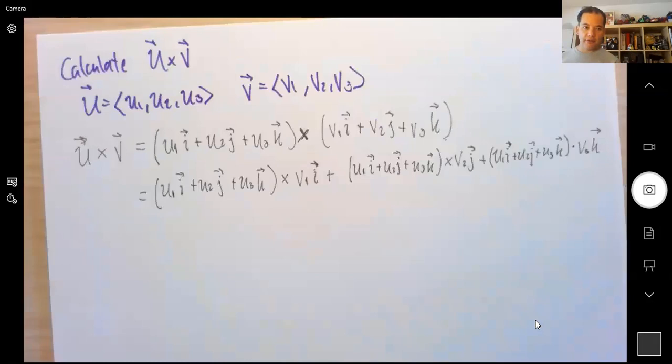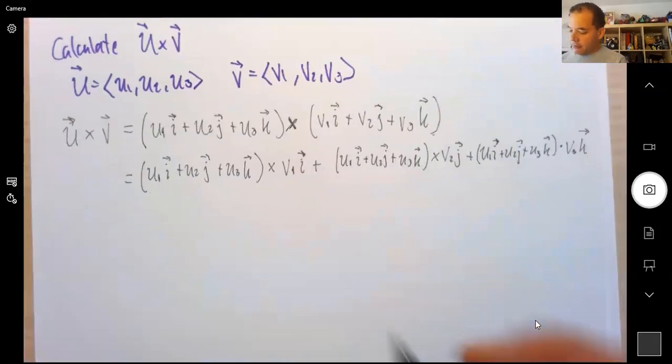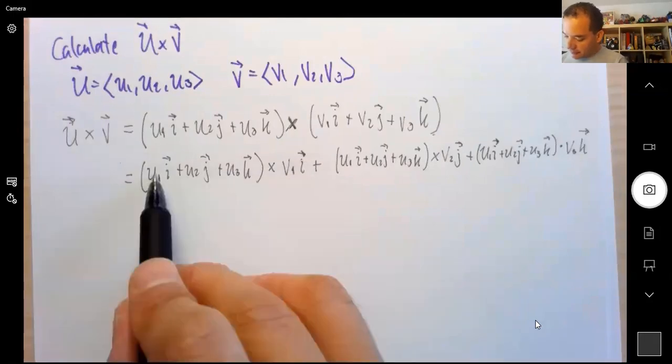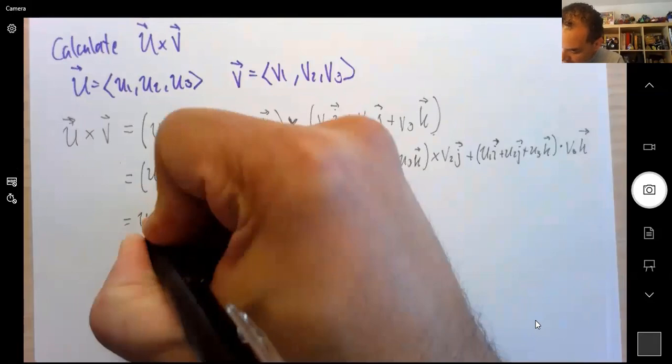See, good. Okay, so next, again, we use the distributive property, right? So this times that. So that's going to be, here we go, U1 V1.